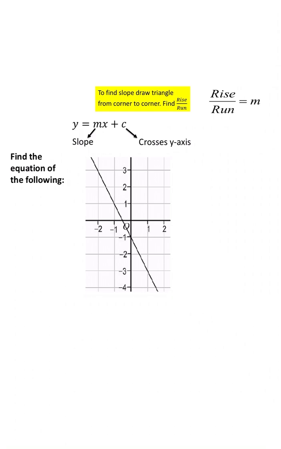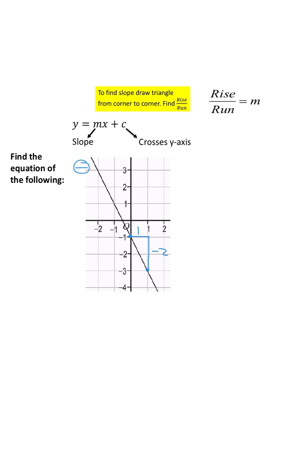Okay, next one now. So we can see straight away that this is a negative slope. So if it's going in this direction, we're going to have a negative slope. So to find the slope, again, if we're going to find where it crosses corners, so I'm going across 1, down 2. So 1, and you can see I'm going down -2. So that's another way to tell that it's a negative slope.